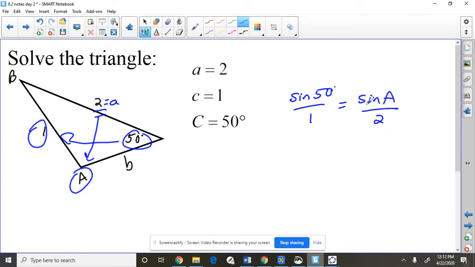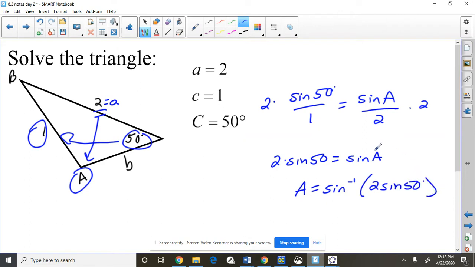When we're solving for an angle, we're going to use the inverse trig functions just like we do with right triangles. But first, I need to get the sine of A by itself. So I'm going to multiply each side by 2, and I get 2 times sine of 50 equals the sine of A. If that's what the sine of A is equal to, then A is the inverse sine of that value.